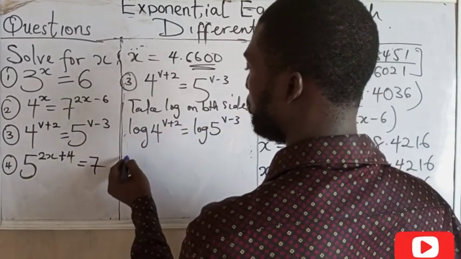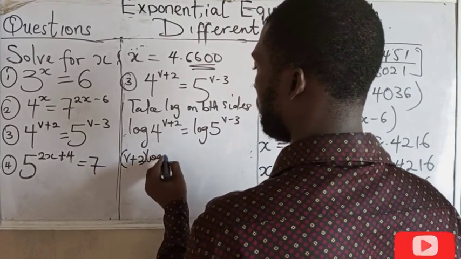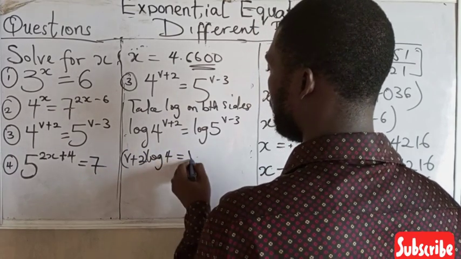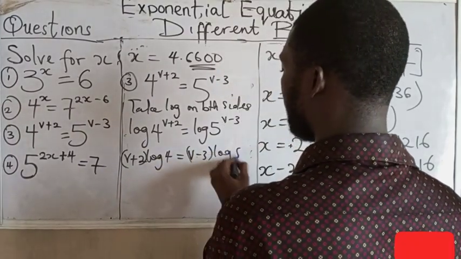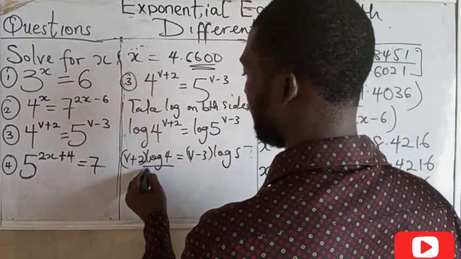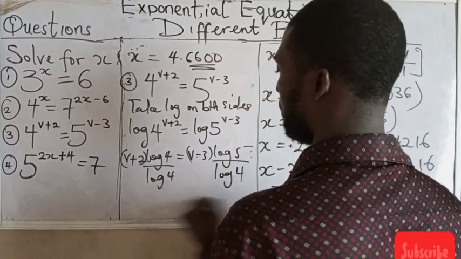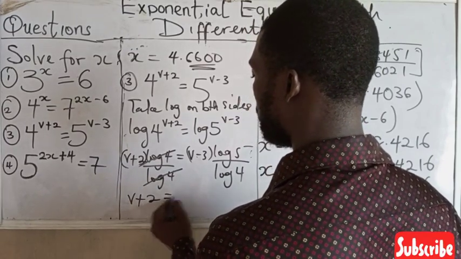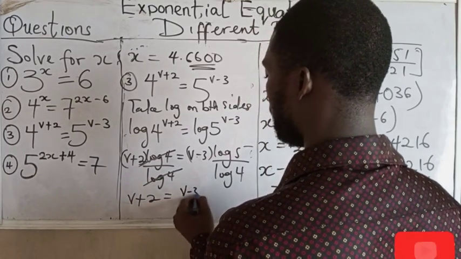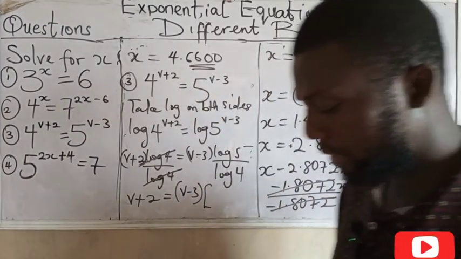Then the next thing we have to do is to apply the properties. v plus 2 log 4 equals v minus 3 log 5. Then we divide both sides by log 4. So this cancels, and we have v plus 2 equals v minus 3 all into log 5 divided by log 4.